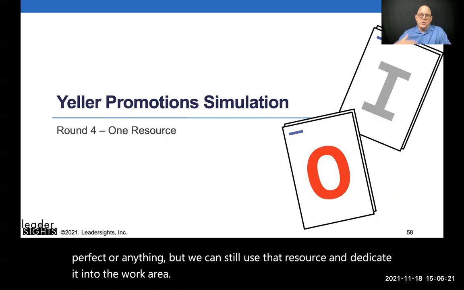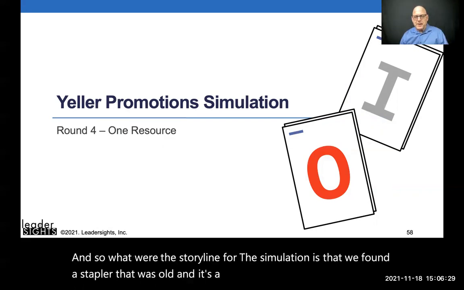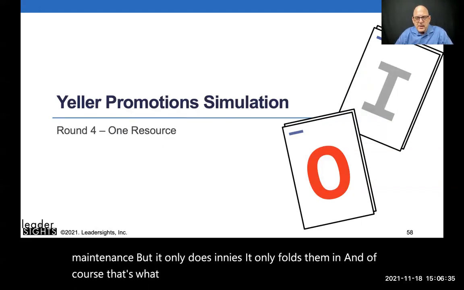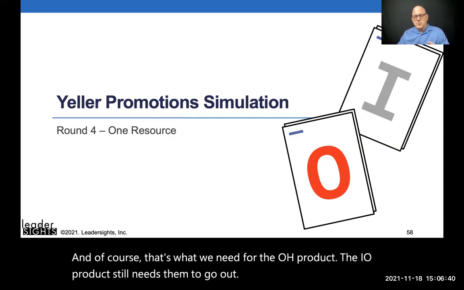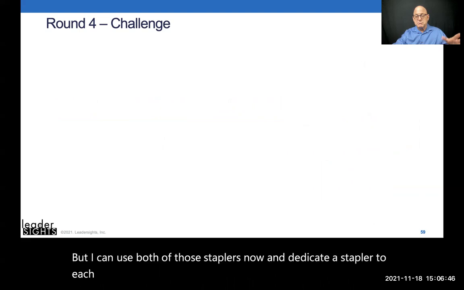And so the storyline for the simulation is that we found a stapler that was old and a little crusty, so it needs a little maintenance, but it only does innies. It only folds them in. And of course, that's what we need for the OH product. The IO product still needs them to go out. But I can use both of those staplers now and dedicate a stapler to each one of the work cells.